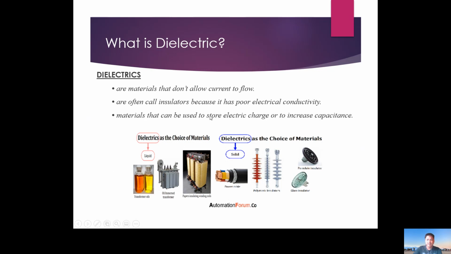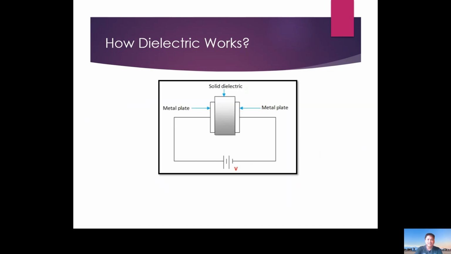In summary, we can call dielectric an insulator, which has the property of poor electrical conductivity and doesn't allow current to flow easily. So this is what a dielectric is.